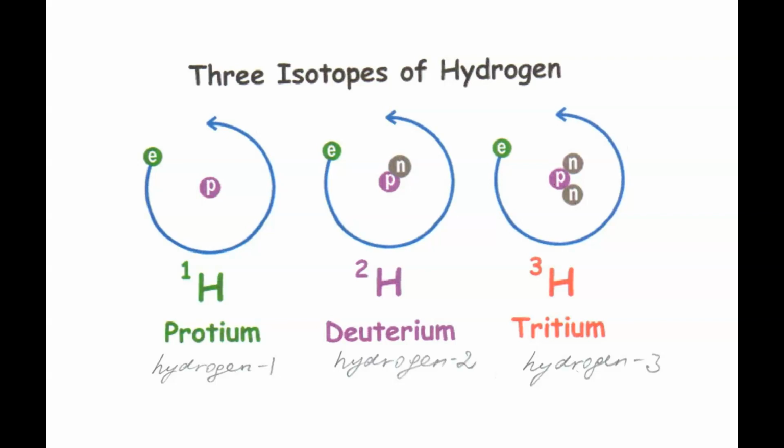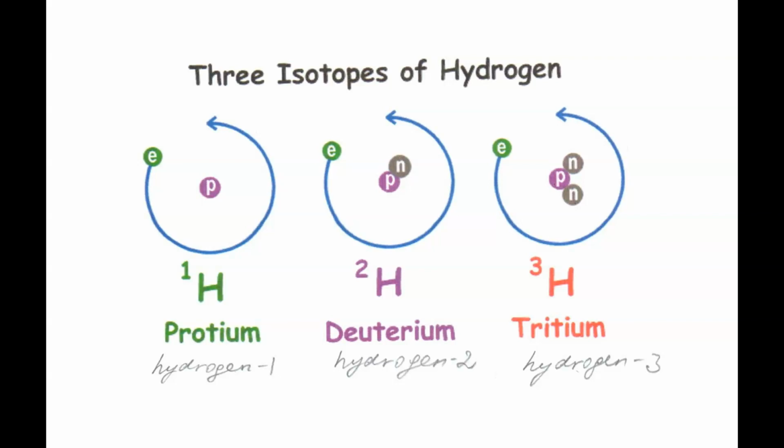So what happens if the isotopes are less stable? They can decay. And when they decay, they can lose some subatomic particles. They can lose some protons, or they can lose some neutrons, and they can become a different element. Another important point is that some isotopes, when they decay, emit radioactive energy.